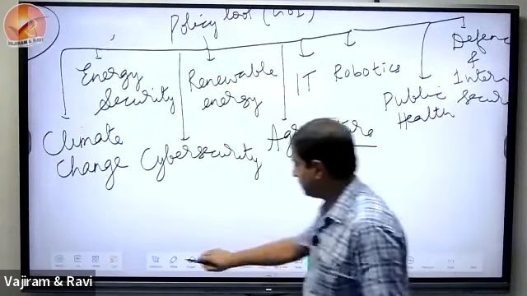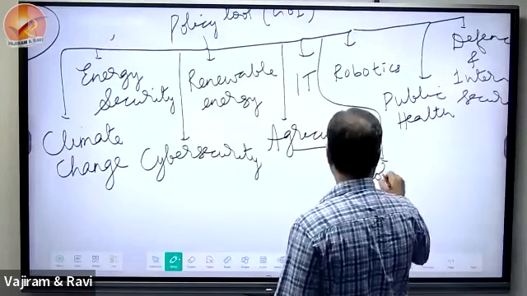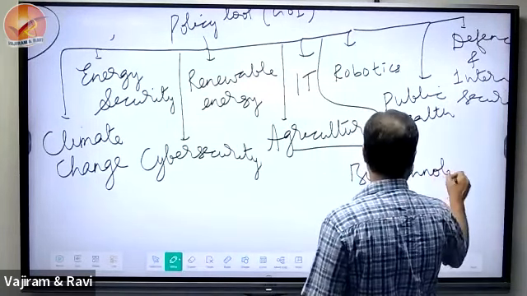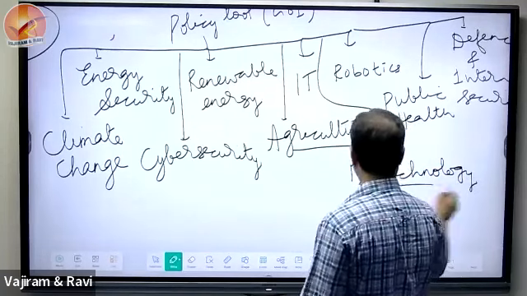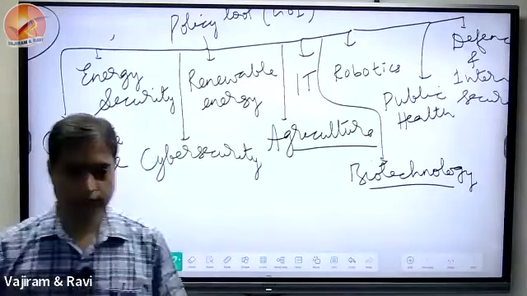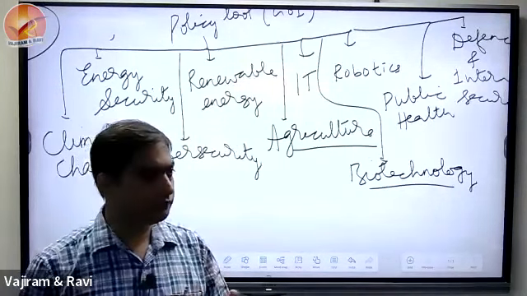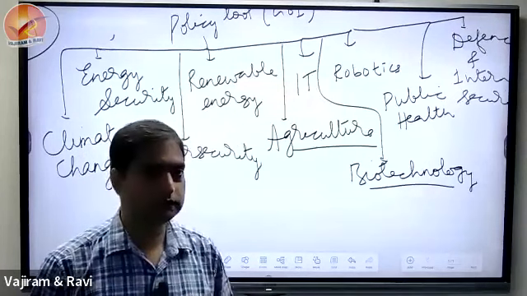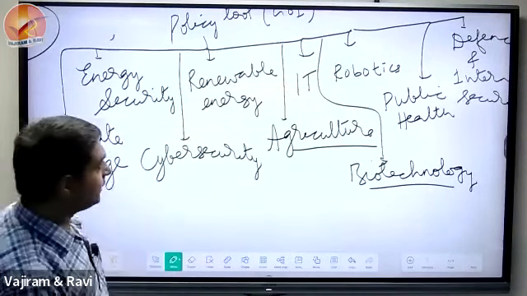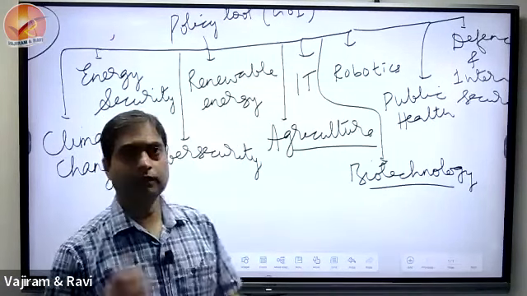For example, another chapter mentioned here is biotechnology. So one is in the newspaper, where you will read the analysis part of the current affairs related to these chapters or portions along with the focus of the government.